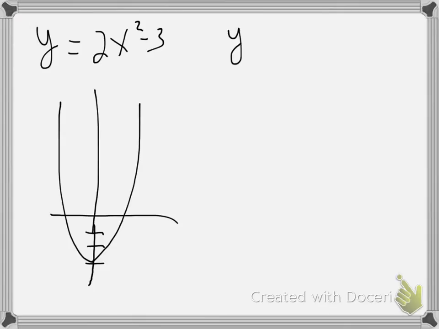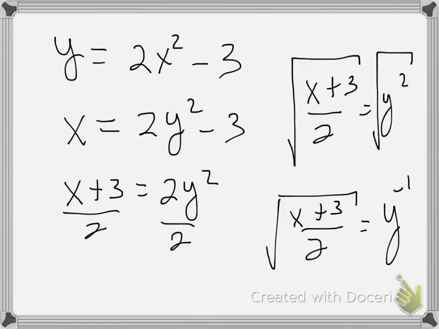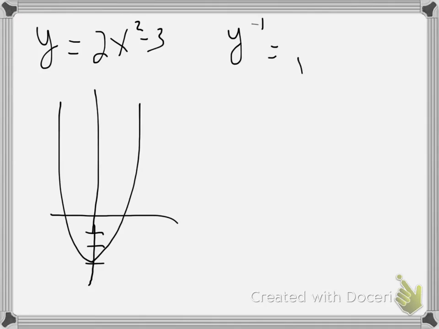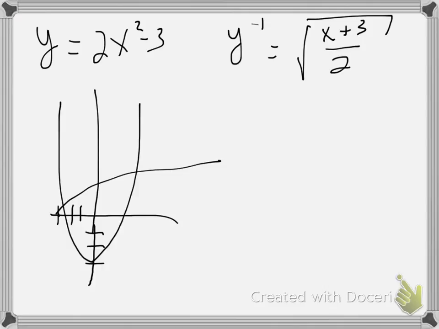And then the inverse, which was the square root of (x plus 3) over 2, is going to look a little something like this, right? Especially if we take positive and negative into account.